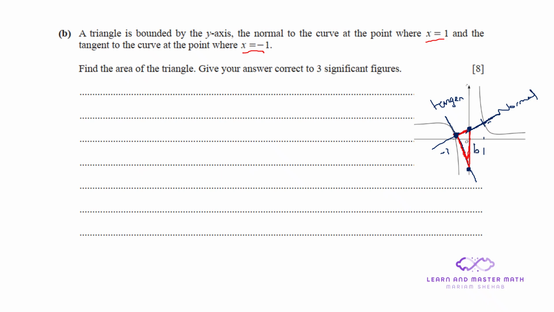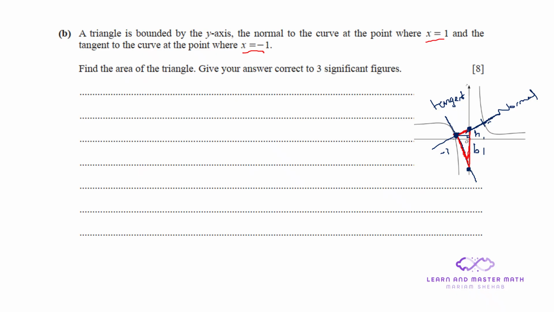And this point here to the y-axis gives me enough information about the height of the triangle. So the plan is finding the normal equation, finding the tangent equation, their intersection with the y-axis, normal with the y-axis, tangent with the y-axis, and then you find the area.